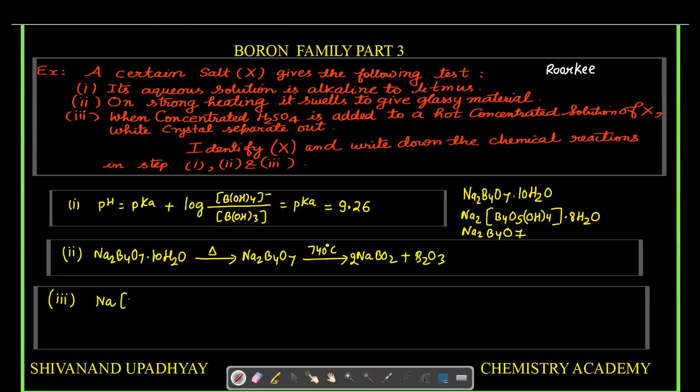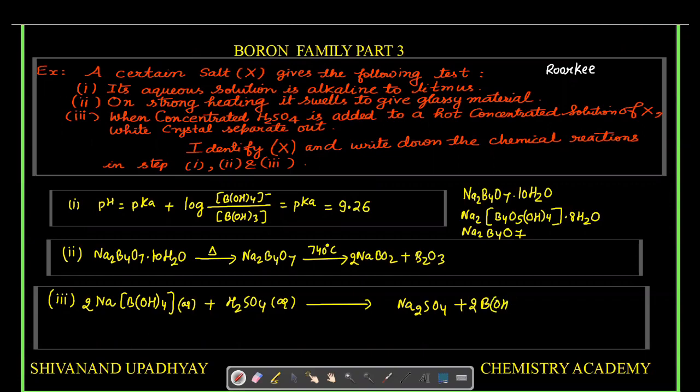So NaBOH4 in aqueous state will react with sulfuric acid. 2 molecules of this react with 1 molecule of sulfuric acid in aqueous state. And there is formation of Na2SO4 plus 2 molecules of boric acid, B(OH)3, plus this will give 1 OH minus, and this will give 1 H plus, 2 H plus and 2 OH minus. So there is formation of 2 water molecules.